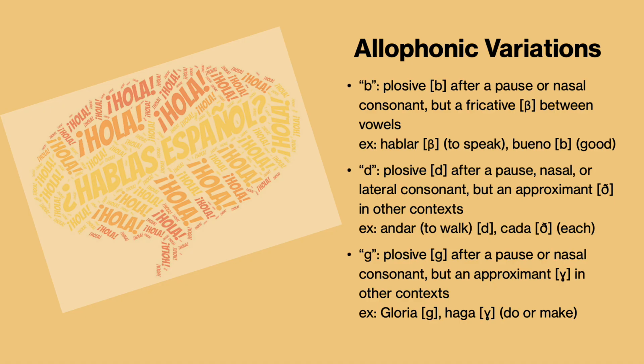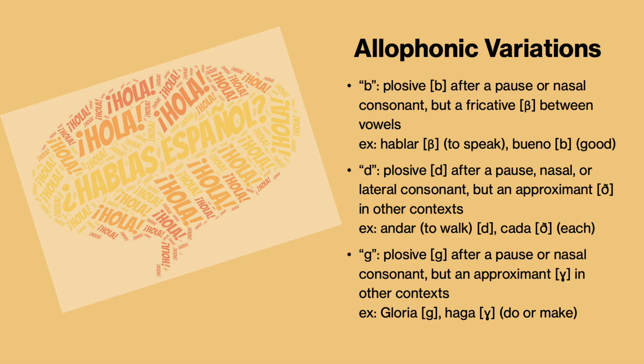But in Spanish, the sounds for ba, da, ga can be pronounced as fricatives or approximants, particularly when they're between vowels or after certain other consonants. That just means that the airflow isn't completely stopped, like in the plosive, but instead it's partially restricted, and the resulting sound is going to be softer.